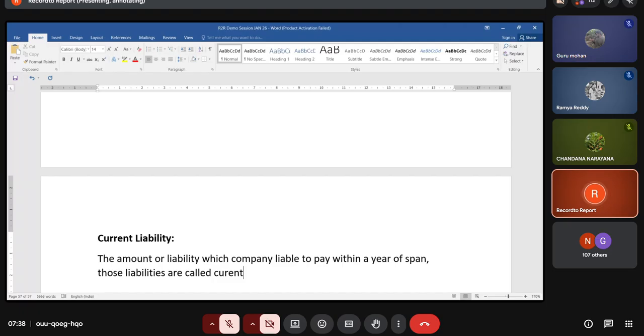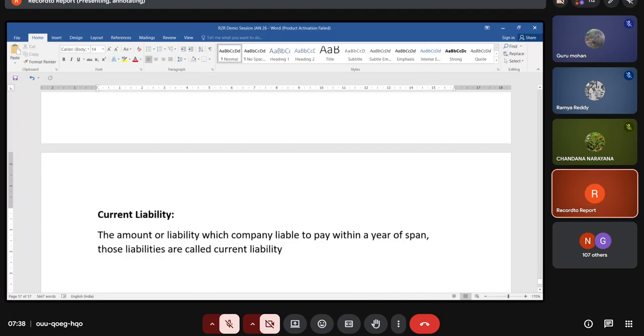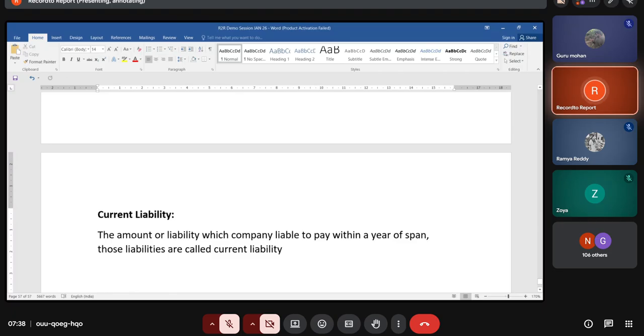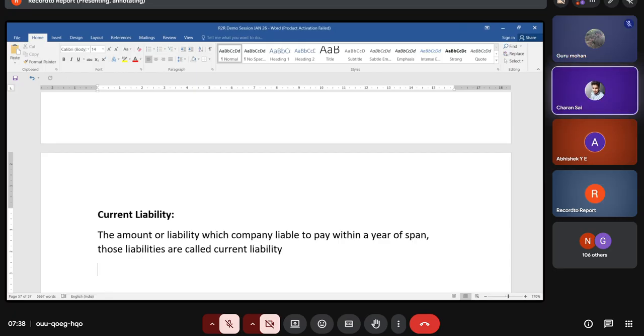So take this accrued expense, for example accrued internet charges. Will the company pay after 1 year? No, within a year. Accrued performance-linked incentive, that is variable pay. Will any company pay the bonus after 1 year?